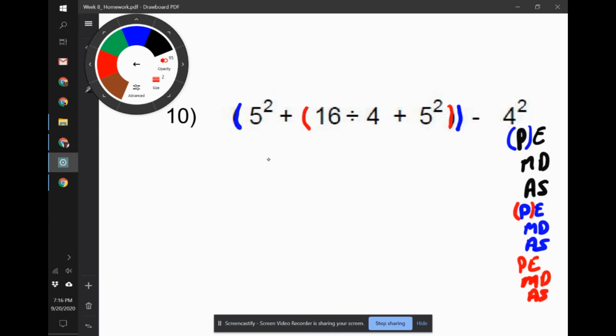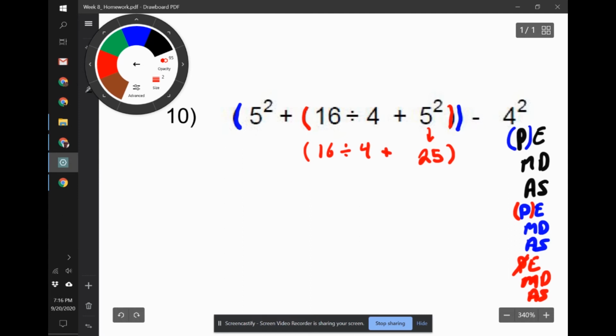There are no parentheses inside the red set, so we don't have to worry about that. But there are exponents. So we've got to do the exponents first. And then multiplication, division.